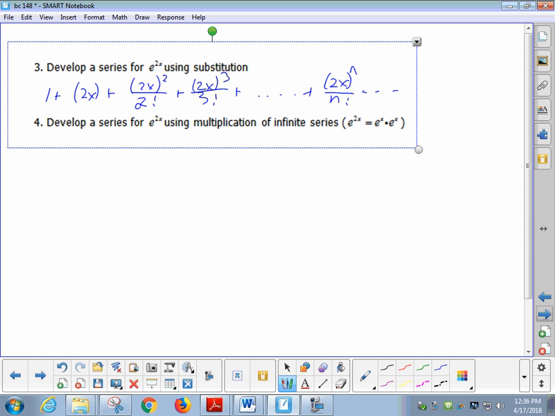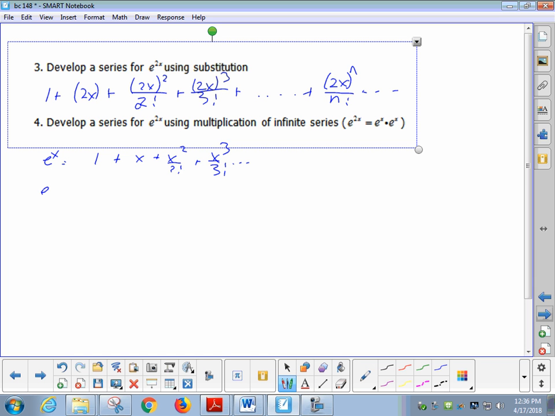The multiplication, and I definitely didn't give you enough room to get many rows of the multiplication done, looked something like this. e to the x is 1 plus x plus x squared over 2 factorial plus x cubed over 3 factorial.